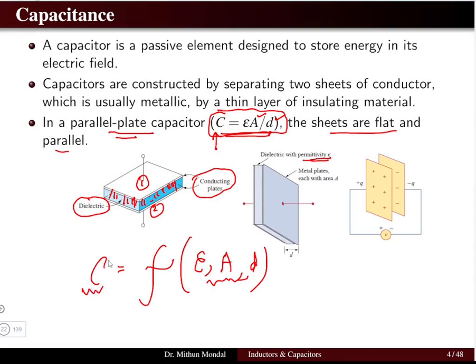When the area between the plates is more, the capacitance will be more, and when the distance of separation is reduced, the capacitance is also more. If the permittivity is high enough, then the energy storage will be better. Now when we apply a voltage source to the conducting plates, charge gets separated and current starts flowing in the network.